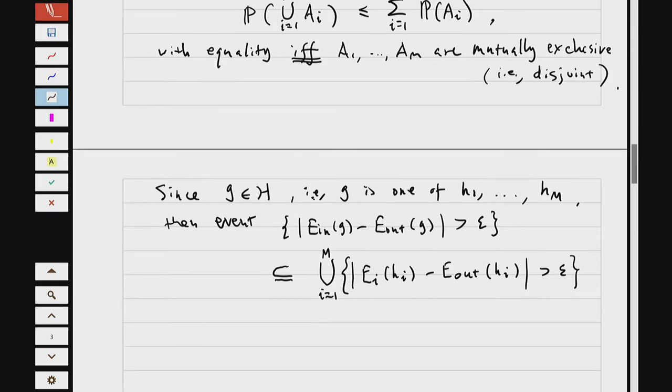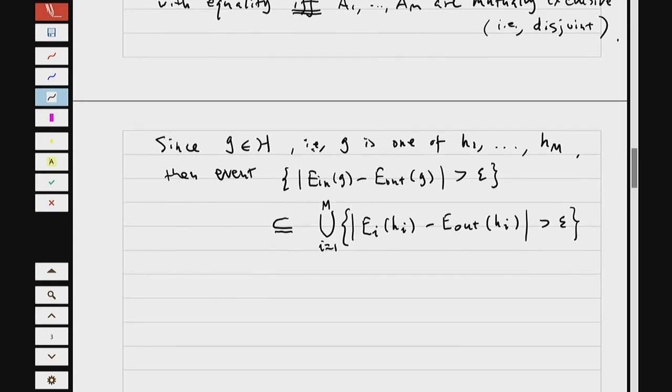So therefore, the probability will be less, right? The probability of a subset is always less than the probability of the bigger set. So hence, we have the probability of... so much writing, but the idea is very simple.